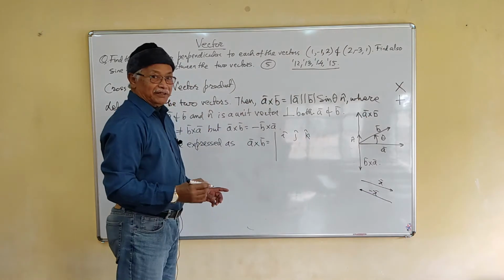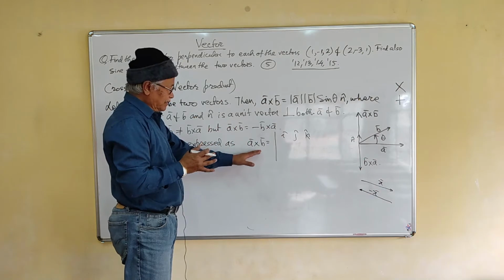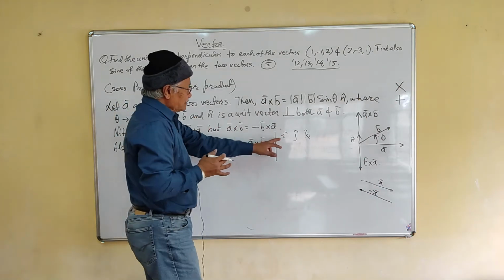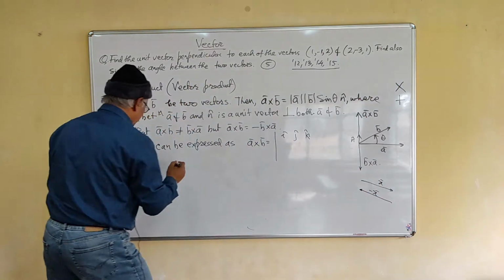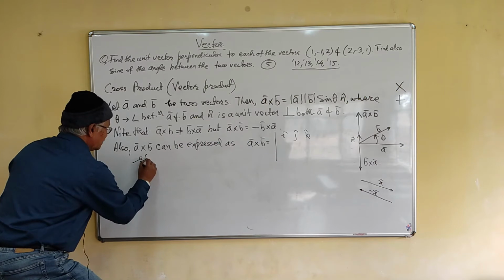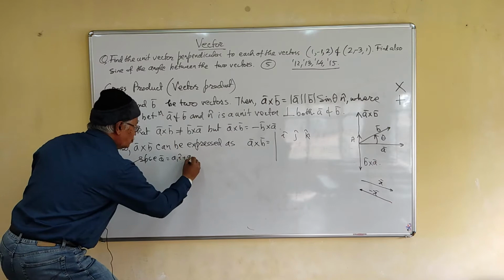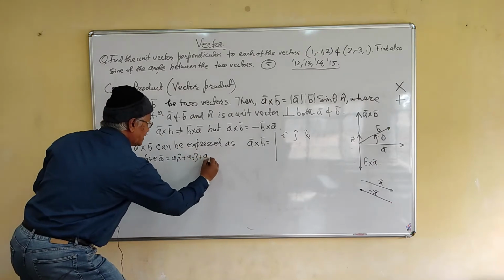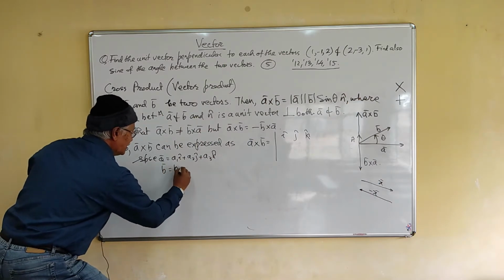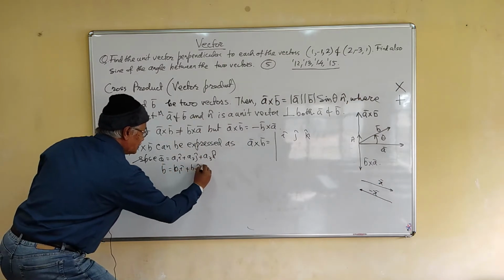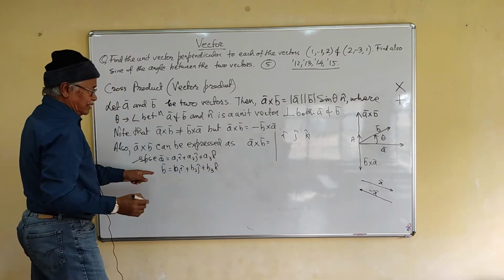You have done a lot of determinants, we have done it already. So A cross B has i, j, k in the first row, and suppose A is A1 i plus A2 j plus A3 k, and B is B1 i plus B2 j plus B3 k. We'll try to express A and B that way.